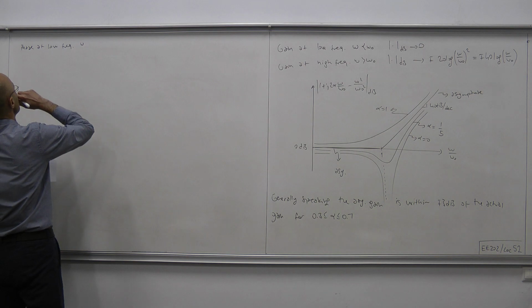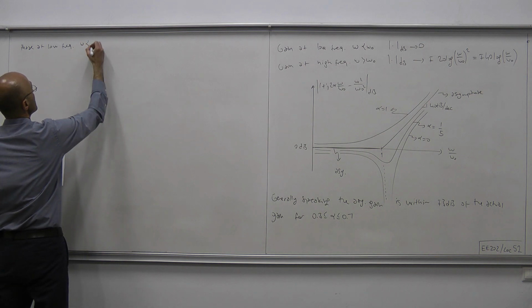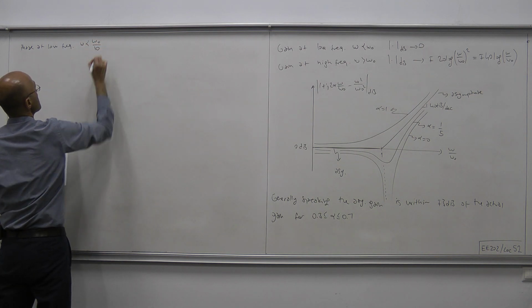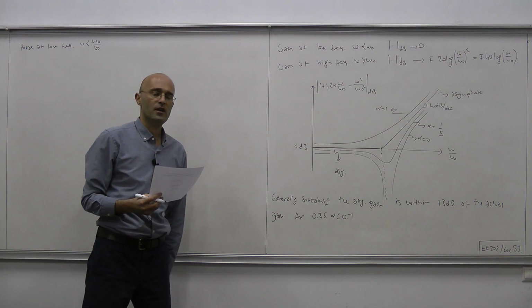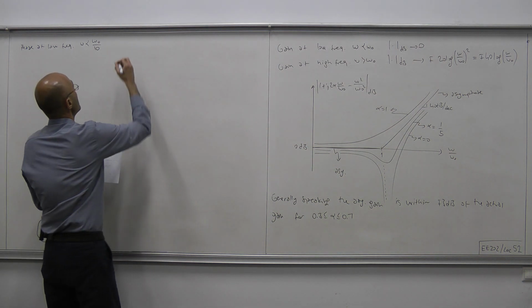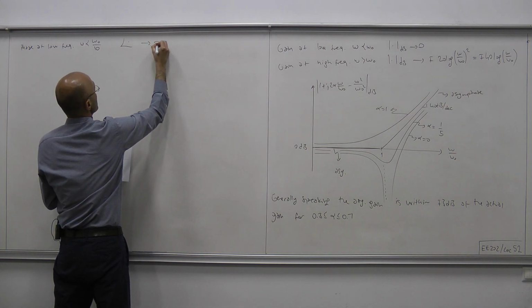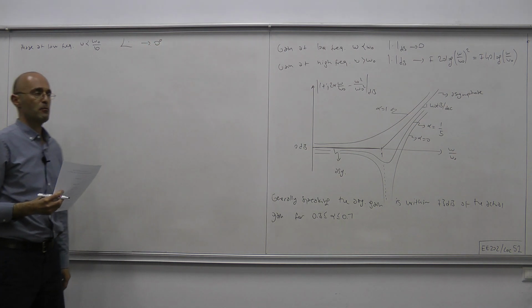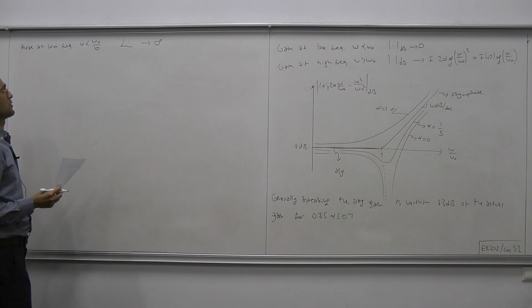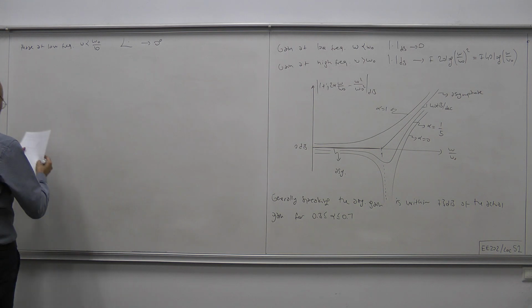As far as the phase is concerned, by low frequencies we mean frequencies less than omega 0 over 10. And in such frequencies, the phase can be approximated by a 0 degree constant line.